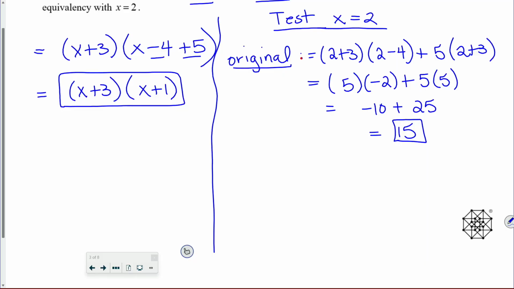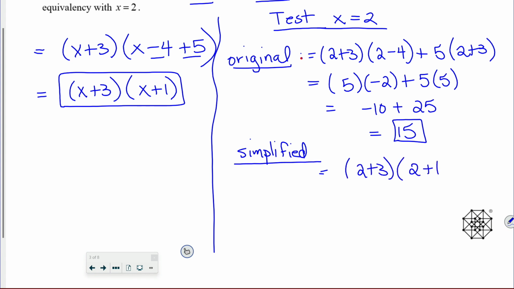So let's do that with the simplified one. I don't know if I really want to call it simplified, but let me do that. That's going to be equal to 2 plus 3 times 2 plus 1, which is 5 times 3, and that is 15 as well.